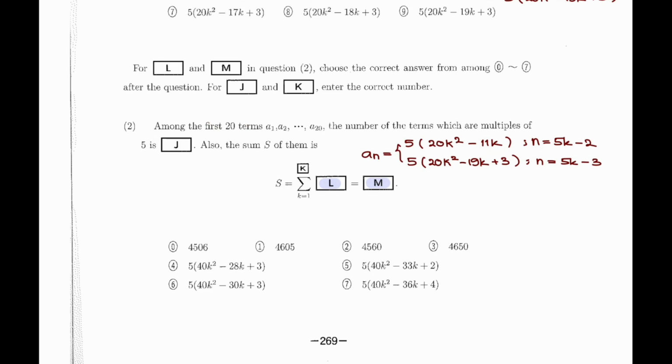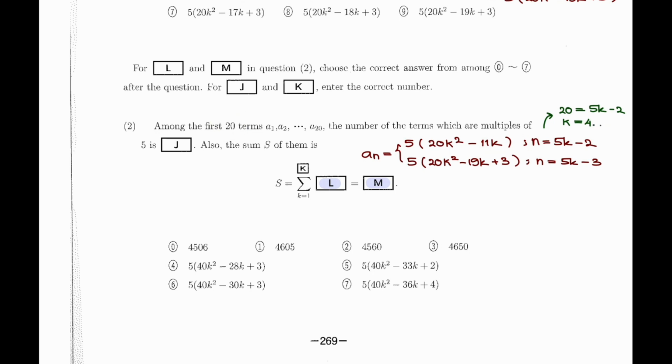If I substitute n by 20 here, I will get 20 equals 5k minus 2, then k is equal to 4 point something.